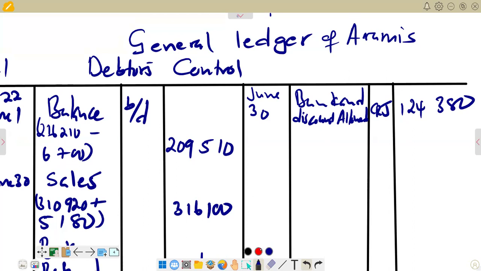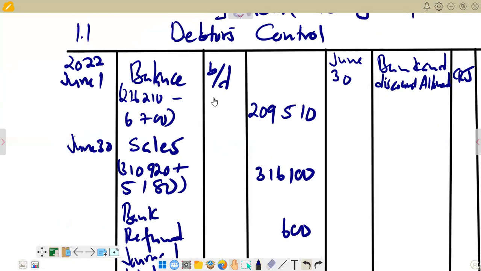So obviously, on the debit side again, we are going to go item by item, trying to fill the column for folio. So on our sales, remember, we are taking this figure in the debtors journal. Remember, in the debtors control, we only put credit sales, we don't put cash sales. So obviously, the sales that we see there will be from the debtors journal.